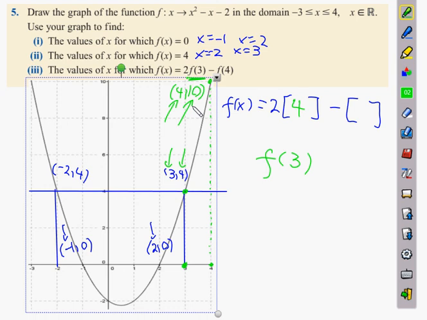Replace that with a 10. So it's going to be 2 multiplied by 4, take away 10. How would you do that? Anybody? 8 minus 10 is minus 2. f of x equals minus 2.